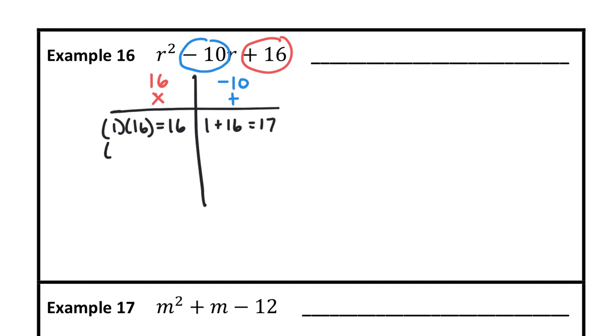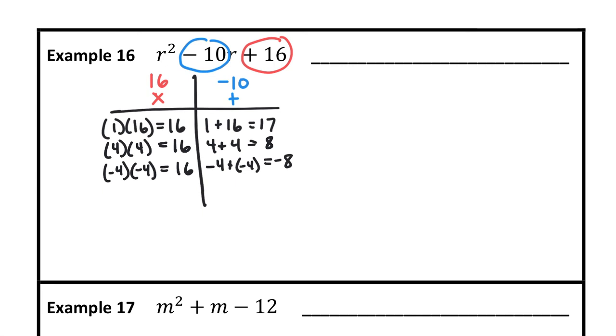Alright, so then you might say, okay, what about 4 times 4? 4 times 4 is 16. But 4 plus 4 is 8. Okay, but then you might say, negative 4 times negative 4 is also 16. So what's negative 4 plus negative 4? It's negative 8.